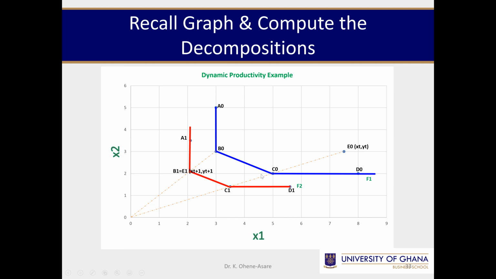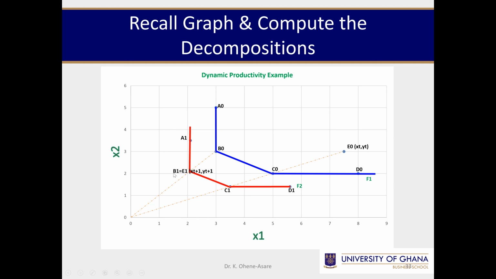Now remember, DMU A was on the blue frontier in year 0. But when we came to year 1, which was the next year, it's also on the frontier. So it was on the frontier before, and it's on the frontier now. It has not changed. Okay, but of course, something has changed, and we'll come back to that.